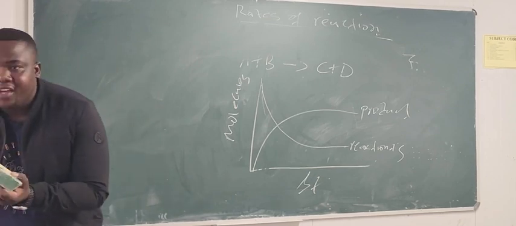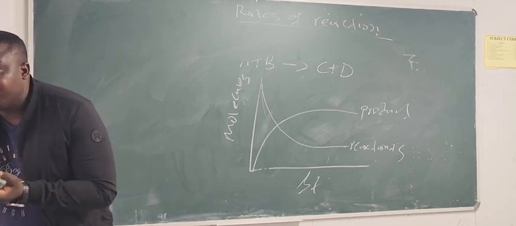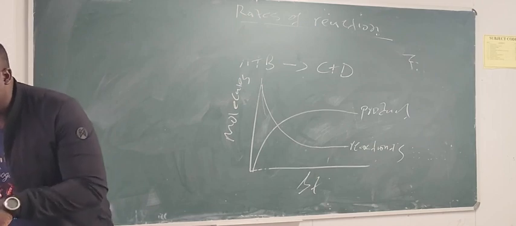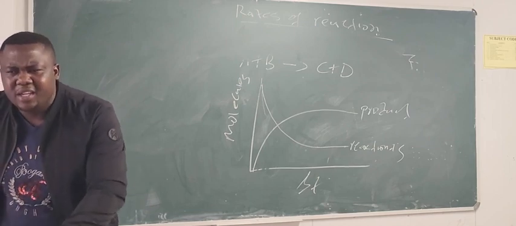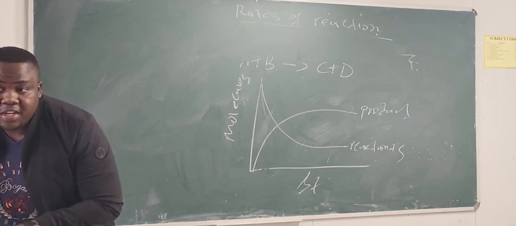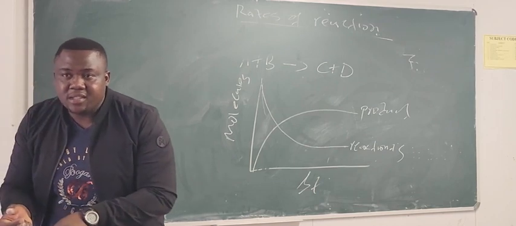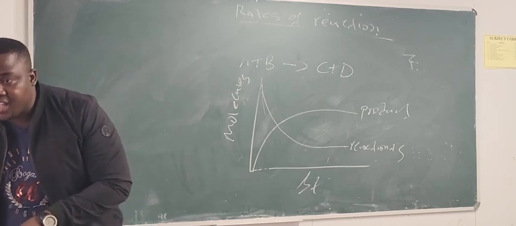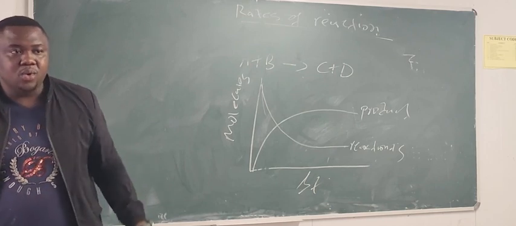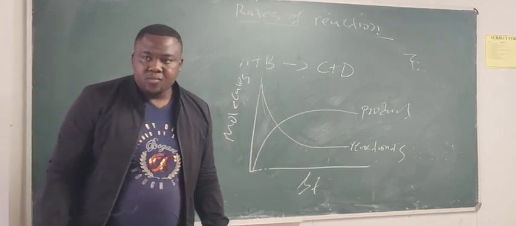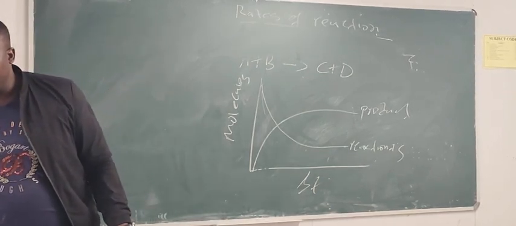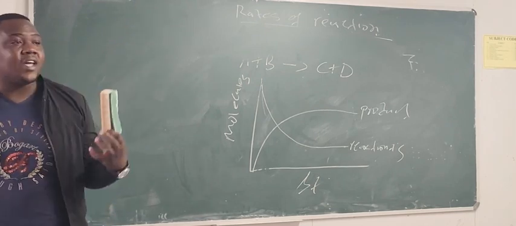We want to make scones, right? Our reactants are what we start with: the flour, the milk, the water. All those things are called reactants. We mix them and put it in the oven. Tell me, will we have flour at the end? No. What happened to the flour? It got used up.